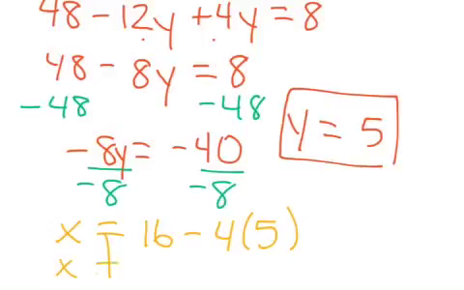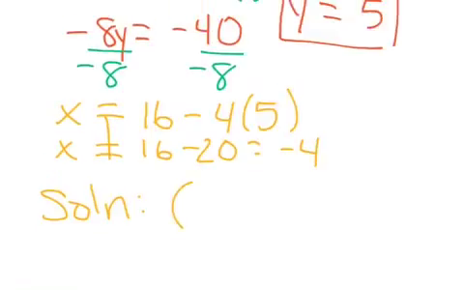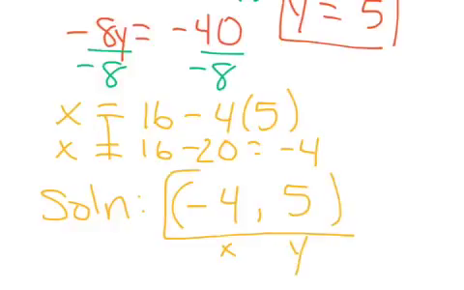So I've got x equals 16 minus 20, which is negative 4. So my solution, the point of intersection, is the x value. X always goes first. Even though we found 5 first, that's the y value. So if I were to have graphed these two lines, I would have gotten that they cross at the point negative 4, 5.